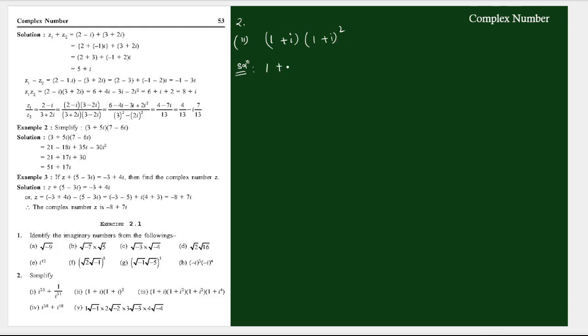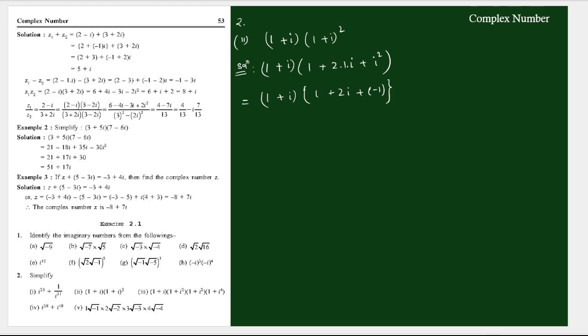We will try to break it down: 1 plus 2 times 1 times i plus i squared. 1 plus 2i, and i squared is nothing but minus 1.